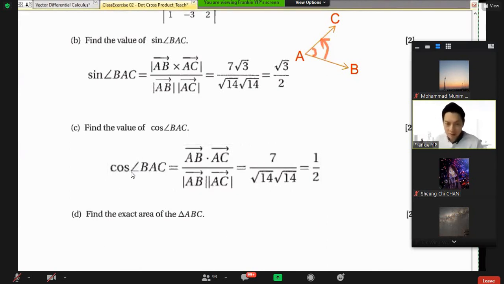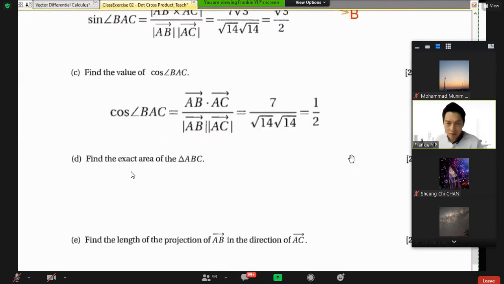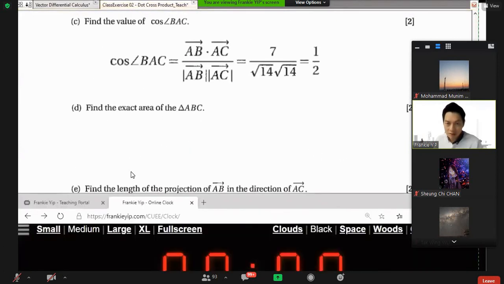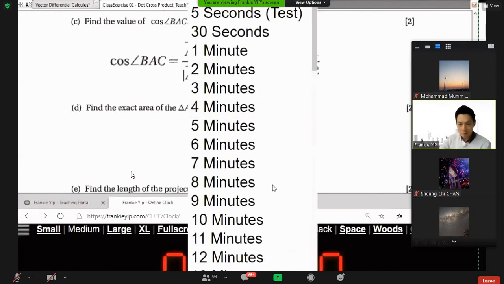Okay, the next one I think is to be the exact area of triangle ABC. To find the area, I think you need to use cross product to work out this. So I don't think it's difficult. I can give you also 4 minutes to work out this.